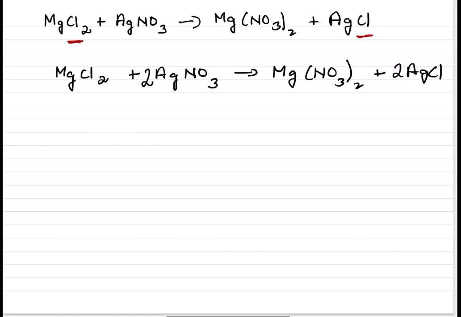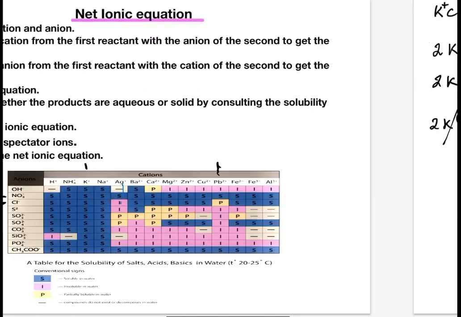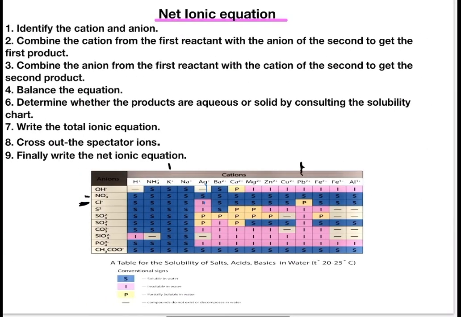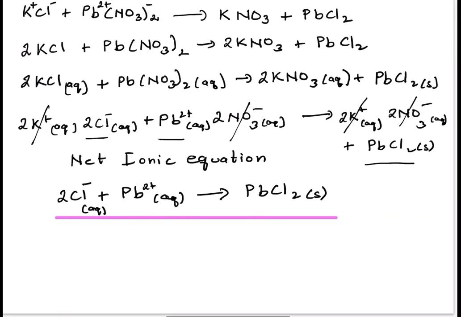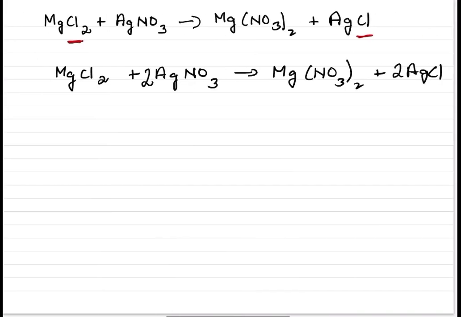Now the next step is to determine whether the products are aqueous or solid by consulting the solubility chart. When we consult the solubility chart on this page, we'll be able to find out which substances are soluble and which are insoluble. Soluble will be aqueous and insoluble will be solid. So let's write it down.